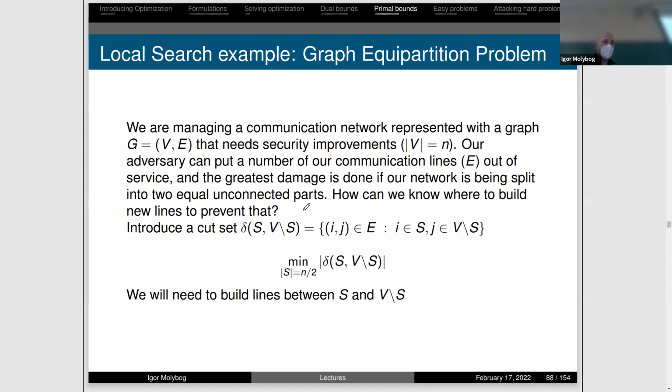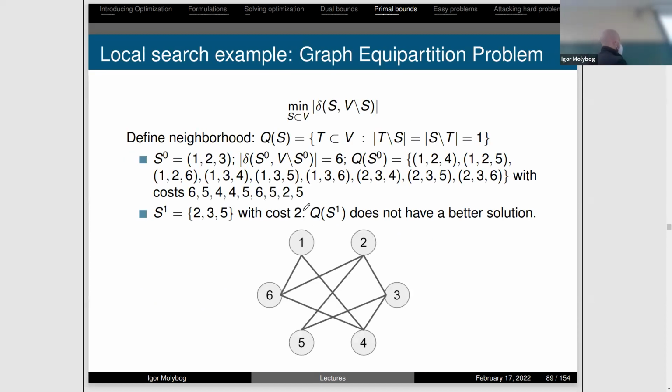How can we know where to build new lines to prevent that? So let's say that we are having a network like this: 1, 2, 3, 4, 5, 6, let's say cities, and they have landlines of this topology.